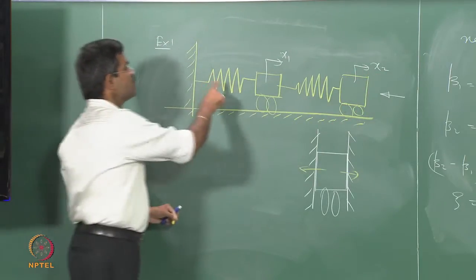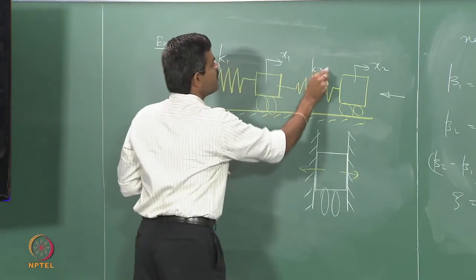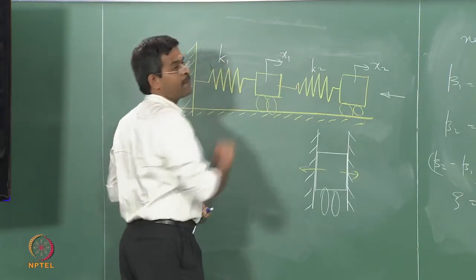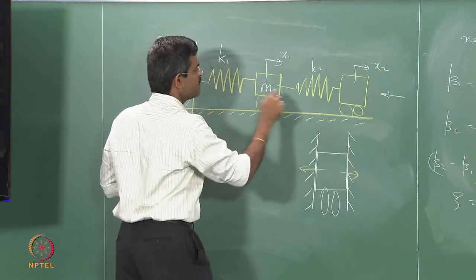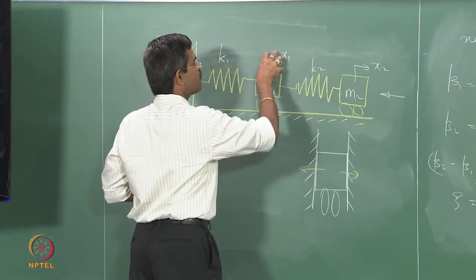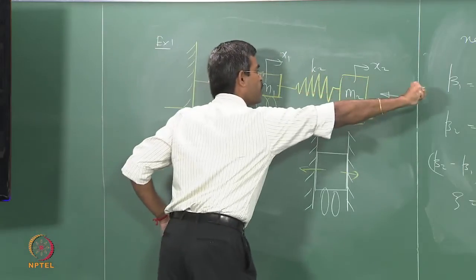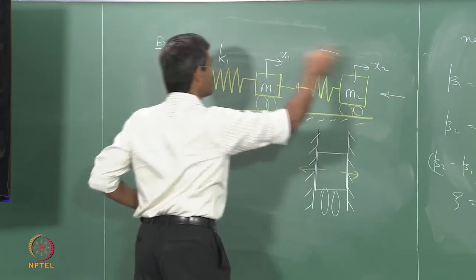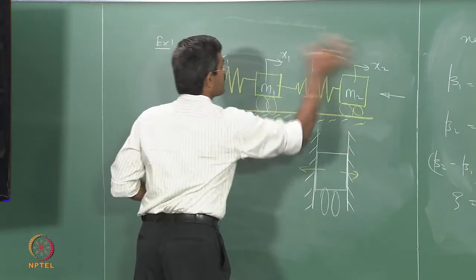Because the stiffness of the springs are different. If the stiffness are the same, what will happen? Even then the mass can be different. Even if the mass is the same and stiffness are the same, will it have a single displacement? No, because the force offered from one point, transfer of the force to this mass will have a different mechanism. Therefore, x1 and x2 will be different.